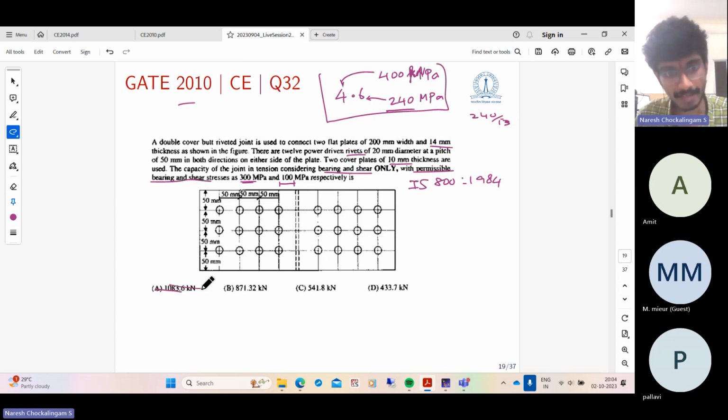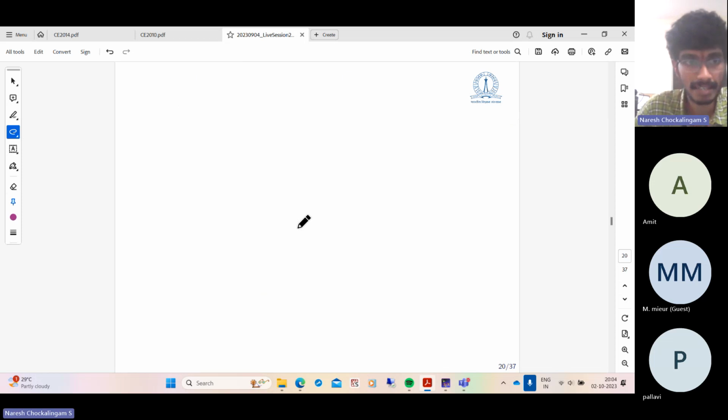But let us design the same problem by limit state design. Ignore the options. If we have to solve the same problem by the limit state method, first let us consider the limit state of shear failure.